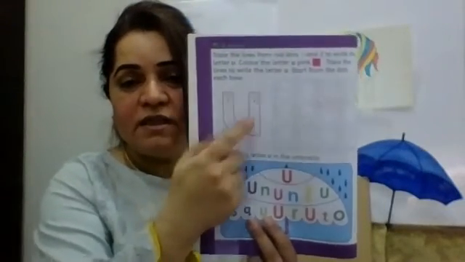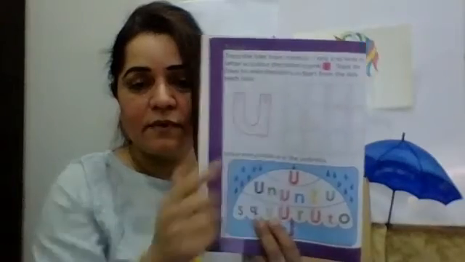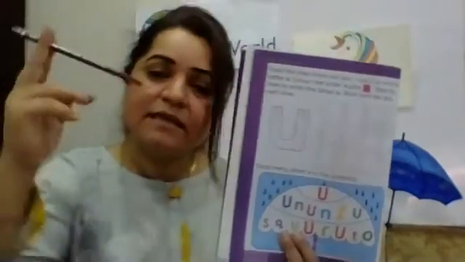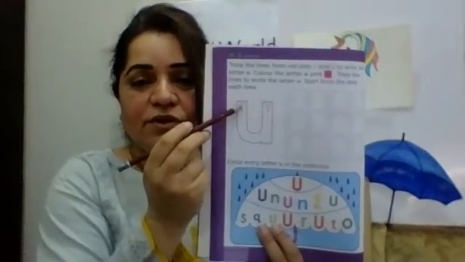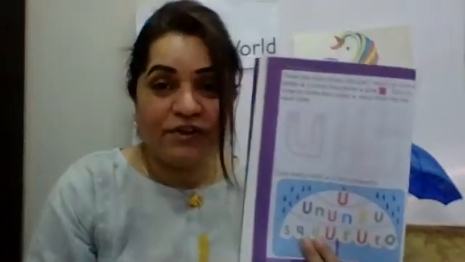Okay, circle every letter U in the umbrella. So we are going to trace this first, right? We've done it with our finger, and now you're going to take out your pencils and we're going to do it over here. You know that you're going to start with the red dot and you're going to follow the arrows.